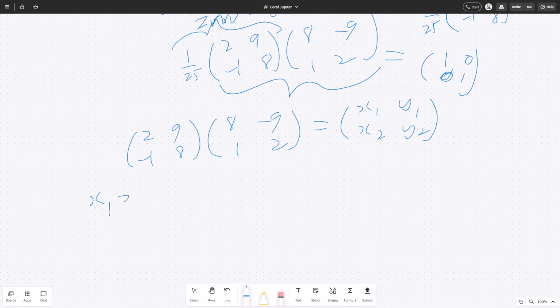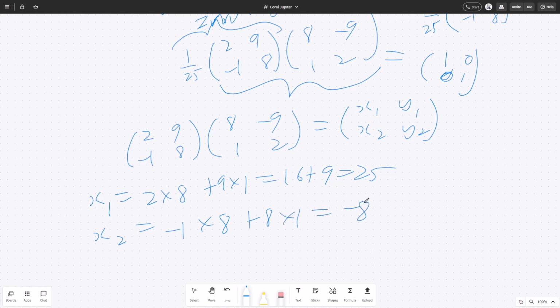So x1 will be first row multiplied by the first column. So that'll be 2 times 8 plus 9 times 1, which is 16 plus 9, which will be 25. x2 will be second row times first column, which will be negative 1 times 8 plus 8 times 1, which will be negative 8 plus 8 equals 0.